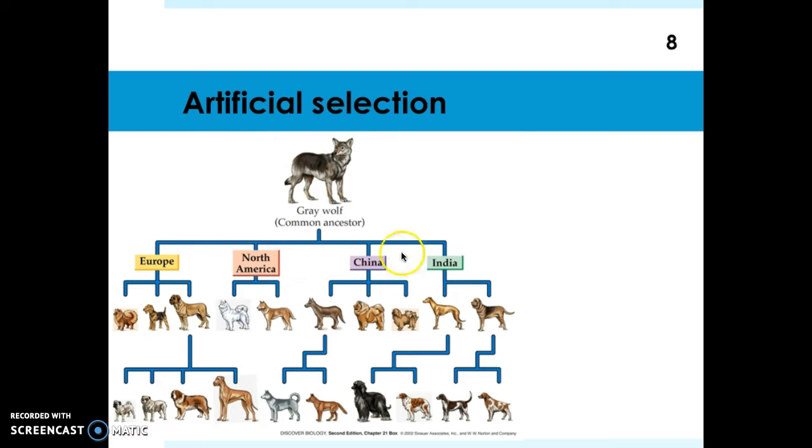Many years ago, we had a traditional wolf, and these wolves were bred based on certain traits, and we were able to get all these different dog breeds. Now, they're not different species, but if we kept doing this over many generations, perhaps we could get a different species that won't choose to breed together.